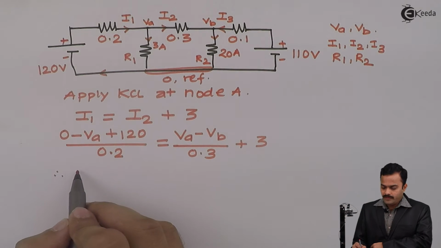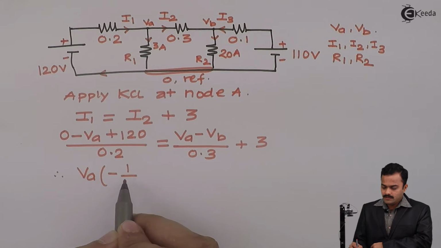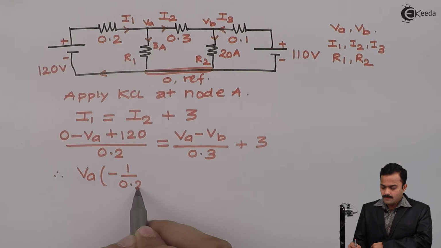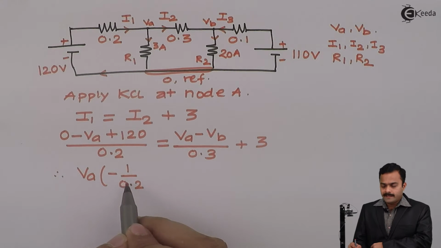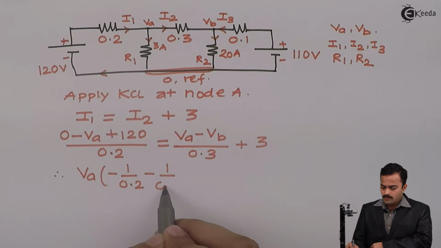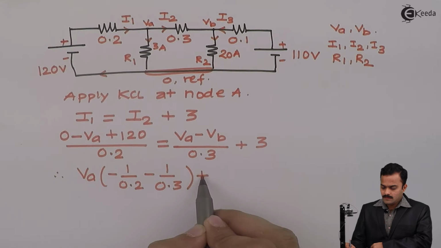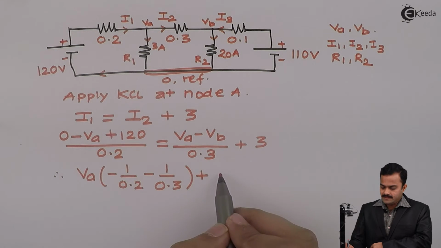So let's club all VA terms together. So I will have VA multiplied by minus 1 upon 0.2 minus 1 upon 0.3. This VB will come this side.